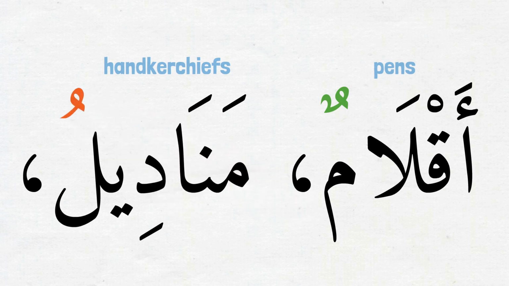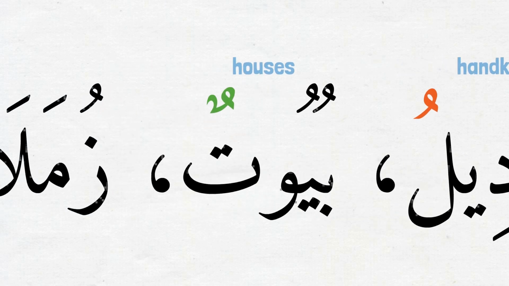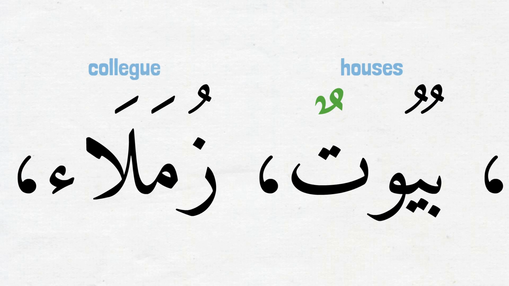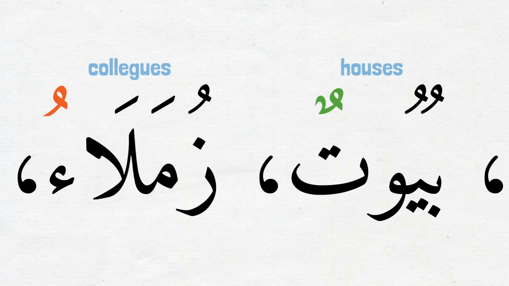A diptote on a pattern mafa'ilu. Buyutun. Houses. A regular noun with tanween. Zumala'u. This is a diptote following fu'ala'u pattern, like fuqara'u.